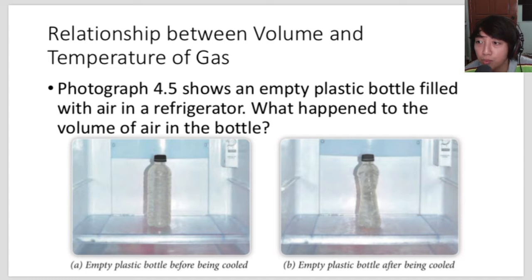Take an empty bottle, fill it with nothing, close it so that it's full of air, and then put it in the fridge. As you can see in the picture, before it gets cold, it looks full. But when you cool it down, the bottle starts to compress. In other words, the volume of air inside the bottle starts to get smaller.